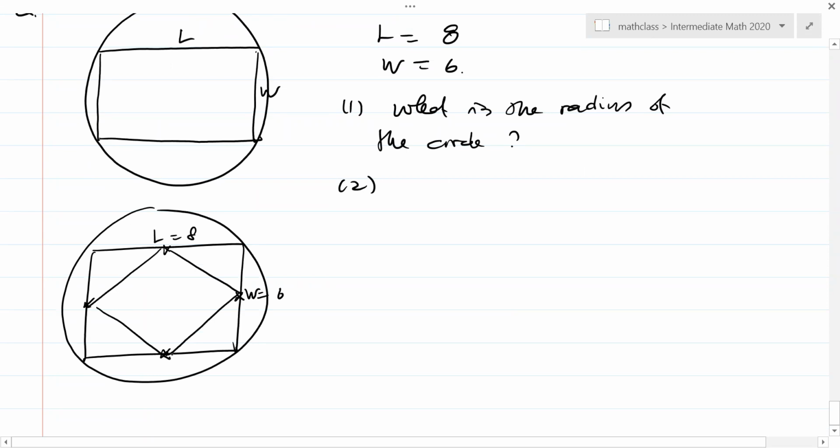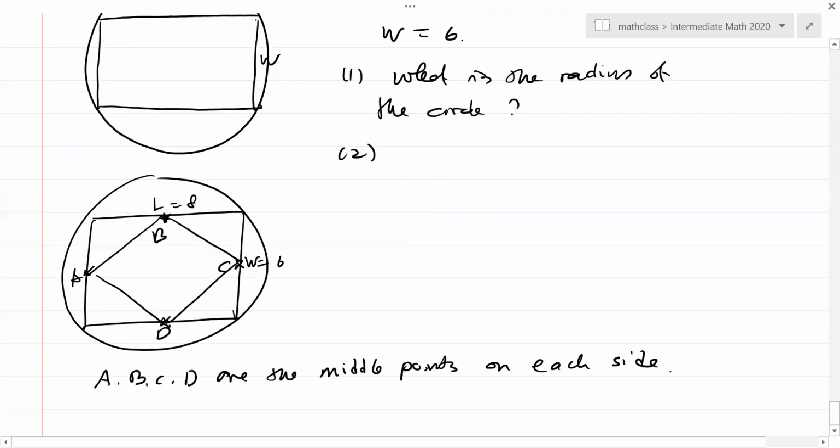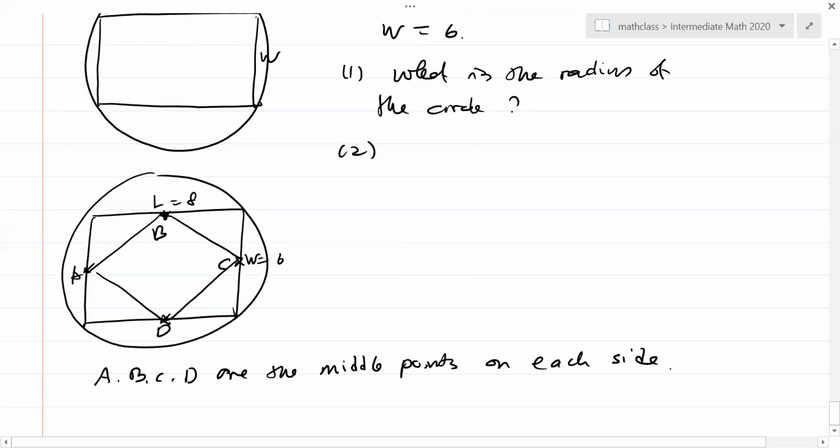So A, B, C, D are the middle points on each side.